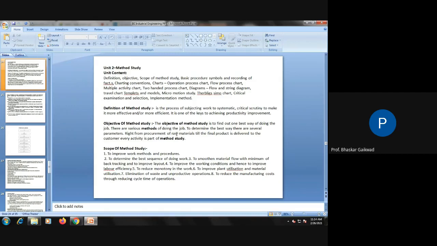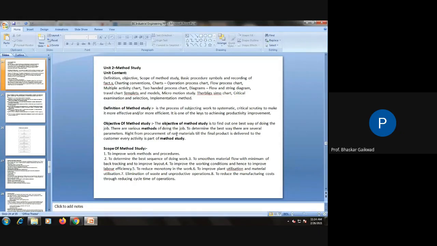The definition, on your screen: the systematic, critical examination of existing methods and improvement of the existing methods in an efficient manner in order to increase productivity. Objective: reduce cost, increase production and productivity. The scope of method study is normally useful for existing work.